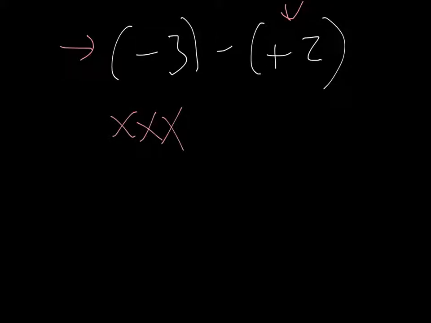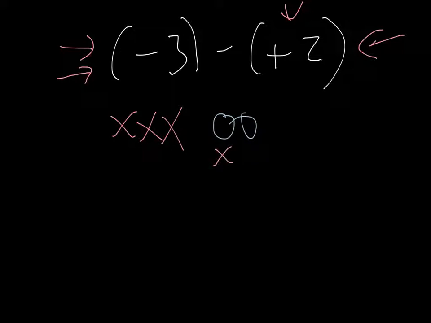And again, you might be using circle tiles on your desk, or you might be drawing pictures, whatever's easiest. So negative 3. And then I need to take away positive 2. Do I have positive 2 to take away? I don't. I don't have any circles. So I need to represent negative 3 in a different way, in a way that includes 2 circles. I put those, but I can't just add circles.